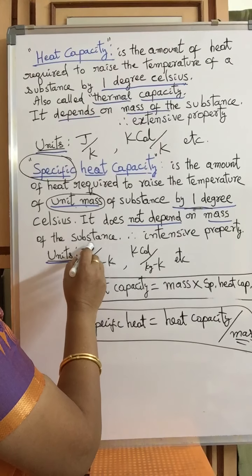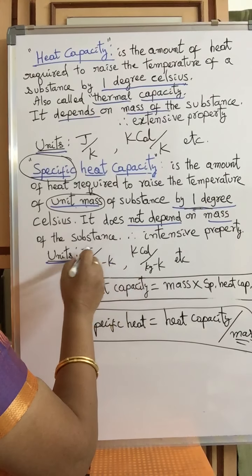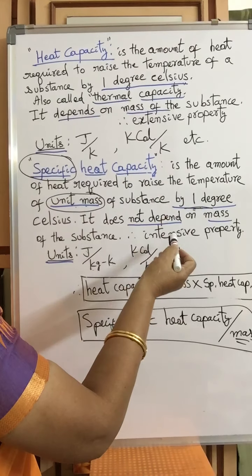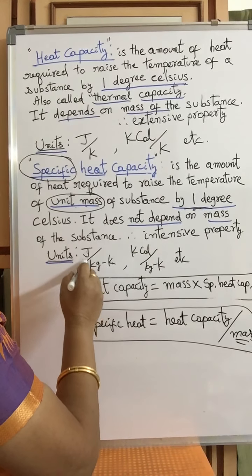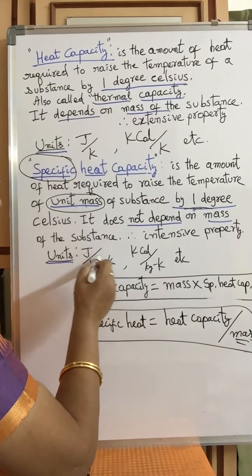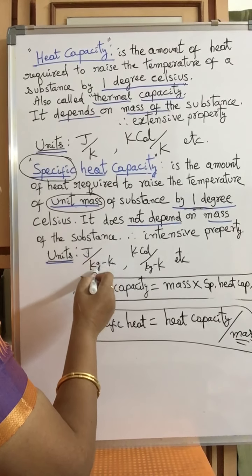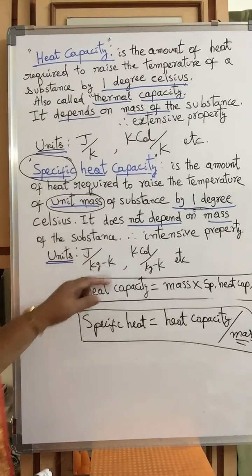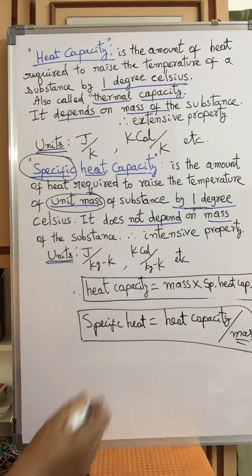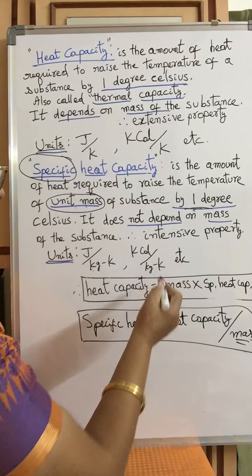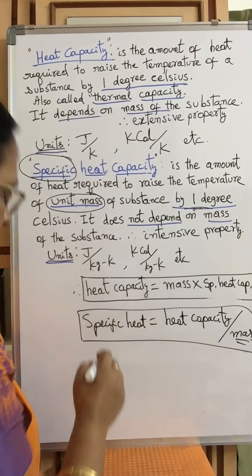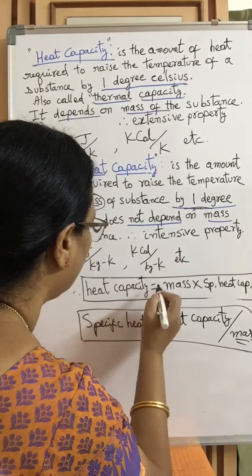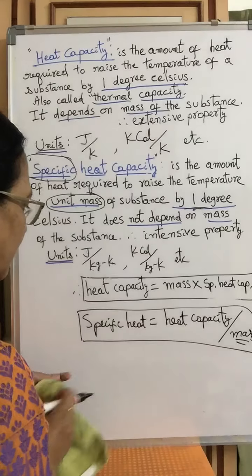That means the joules is heat, the amount of heat required to raise the temperature of 1 kg of the fluid or solid, whatever it is, by 1 degree Kelvin. That is specific heat capacity, or kilocalories per kg per Kelvin. So from units you can understand it; suppose here we will see these units.